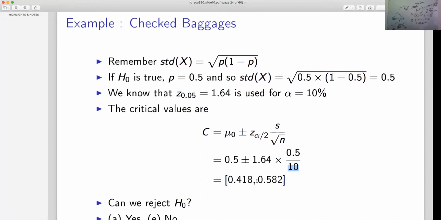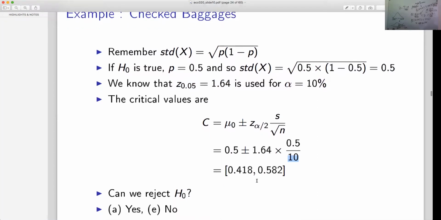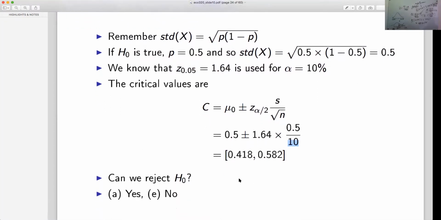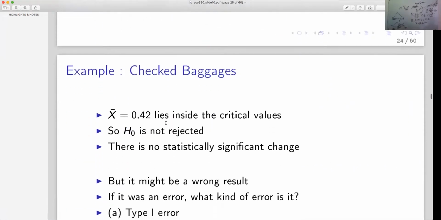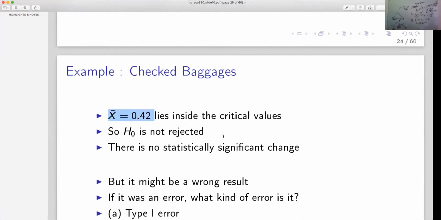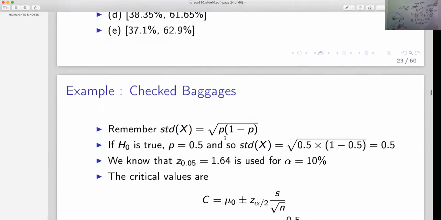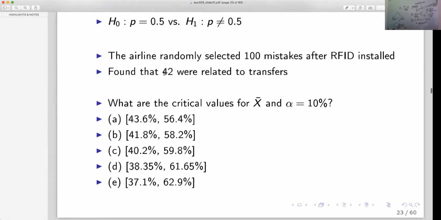This is actually potentially your home exam question. Can you reject or not? Now which one should you compare? This is a critical value, right? So you should compare x bar equal 0.42. Why x bar equal 0.42? Because based on our sample, we found 42 defective, lost items out of 100, right?